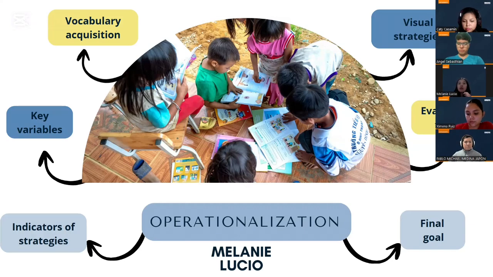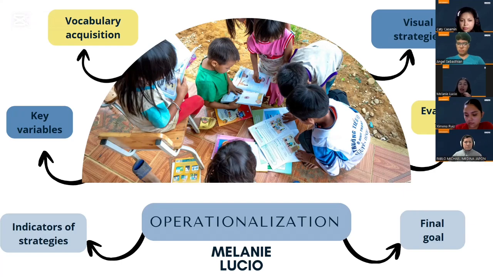Indicators include how often these materials are used, how much students participate, and their level of engagement and motivation. Data will be collected through observation checklists, teacher notes, and student feedback.